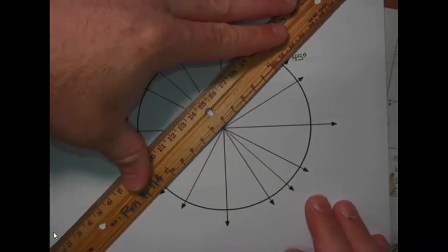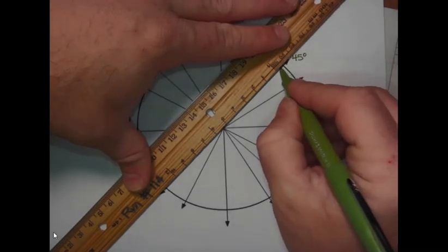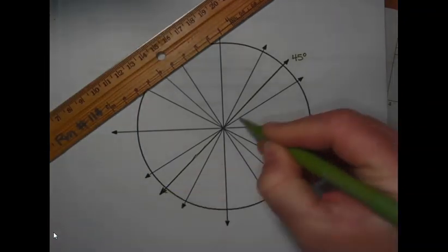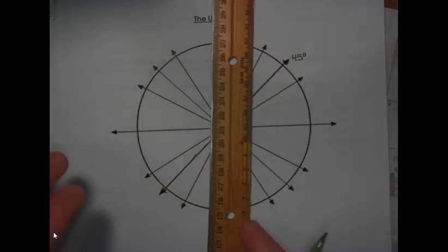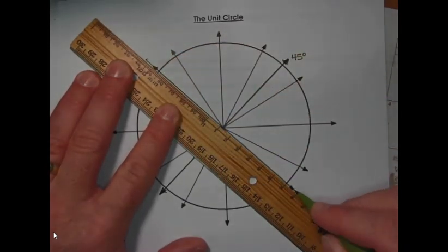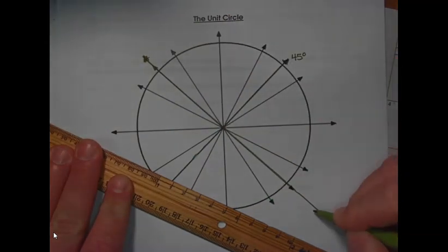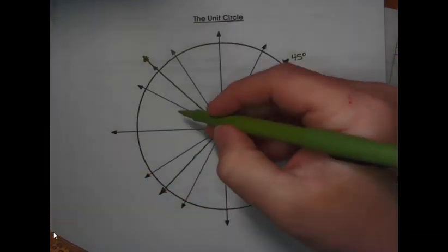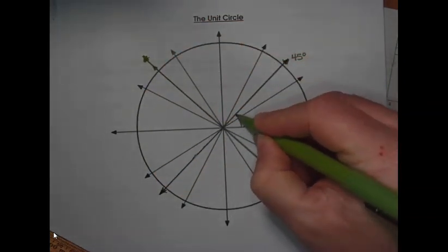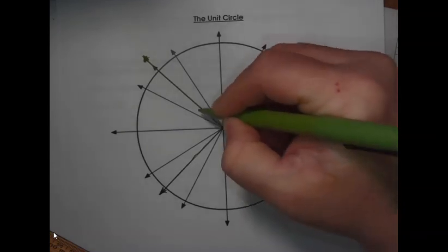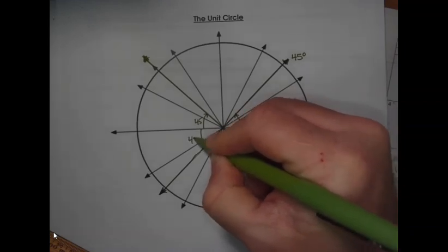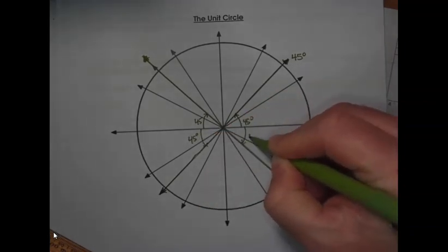If I was drawing this out using some colors, I've got my green here and here, and there's my 45s here and here. Our 45 up to there is the same up to there, which is the same down to there, which is the same down to there.